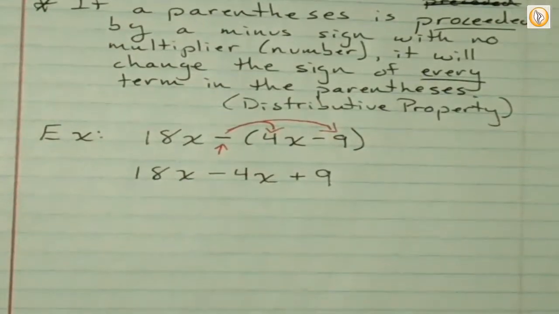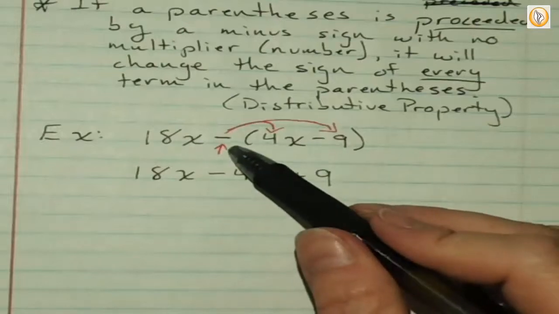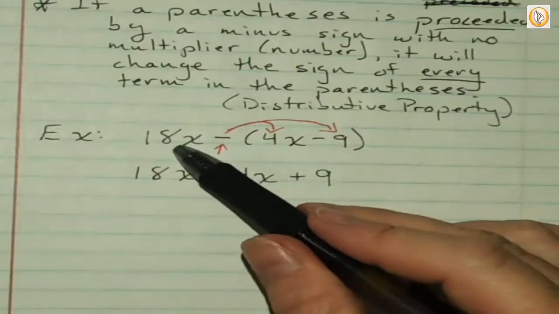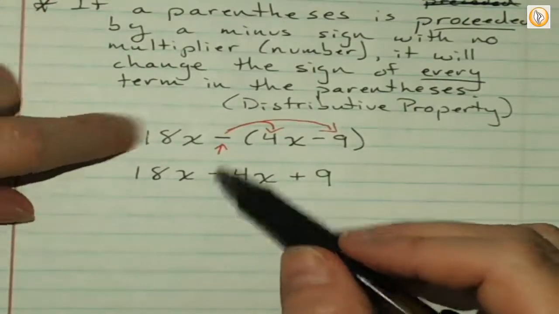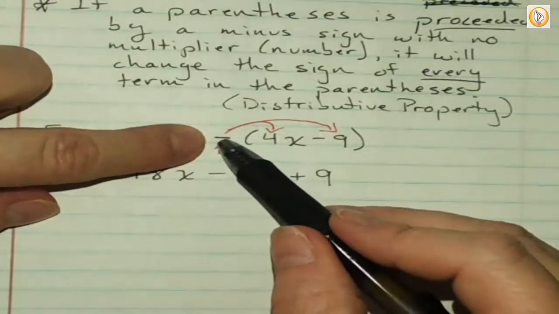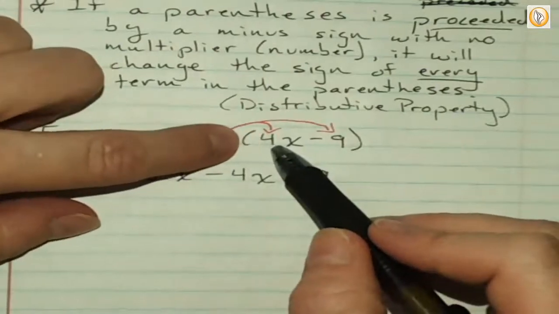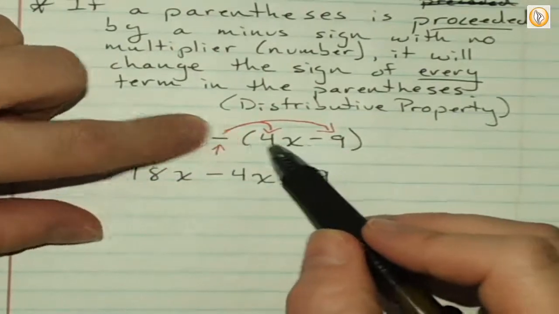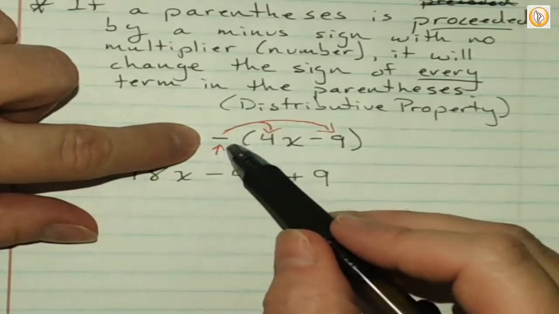You need to write that down and look at it. What's the thing that's going on in between 18x and minus 4x? The negative sign. Because look, this is a positive 4x, because that negative sign is right here in front of the parentheses and there's no number with it.